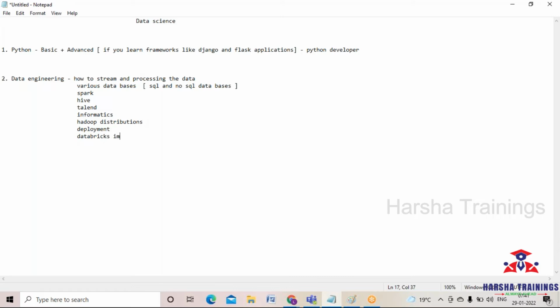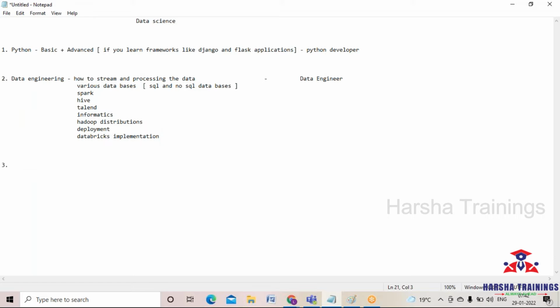All these come under the data engineering role. If you learn this, you can become a data engineer by learning all these skills.